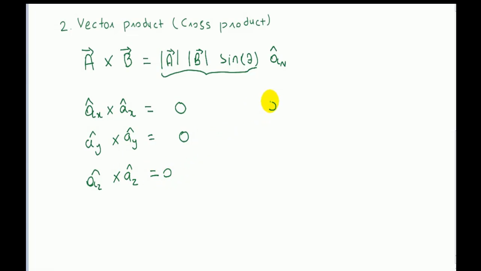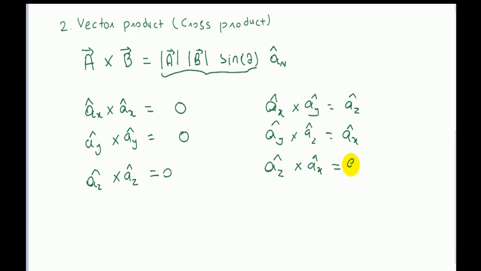Now if I do ax cap cross ay cap, it will become az cap, and if I do ay cap cross az cap, it will become ax cap. Az cross ax will give ay cap.